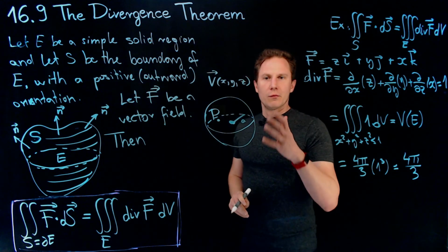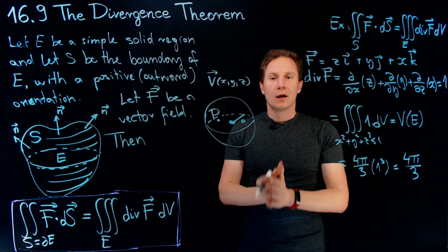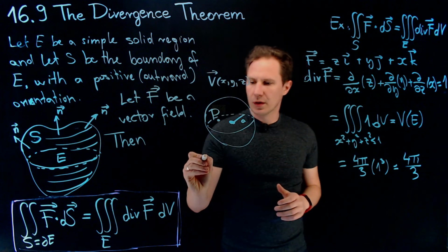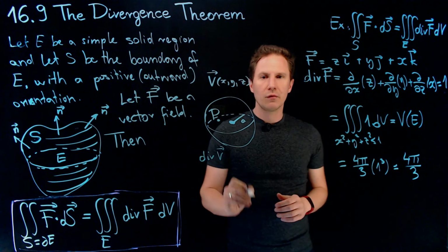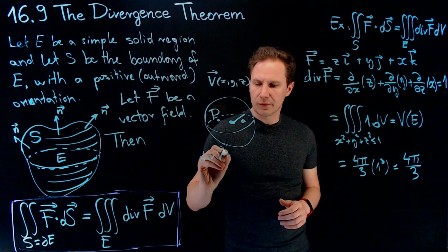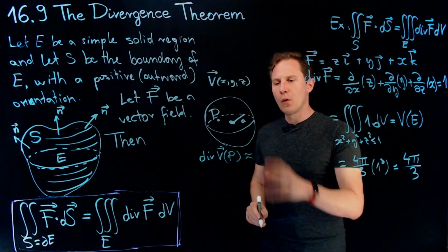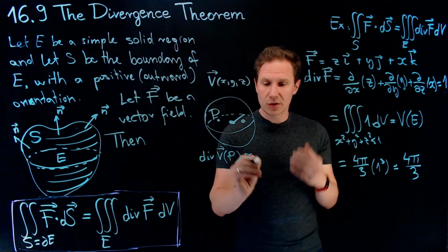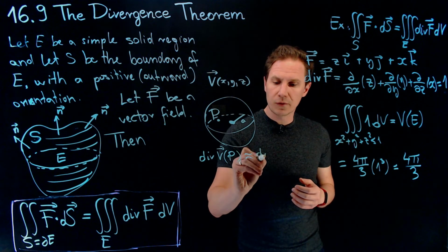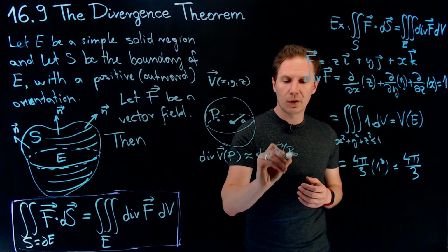Okay, for this small ball around P naught, the divergence of this vector field will roughly be, for every point within that ball, for a continuous vector field, roughly the same as it is at P naught.